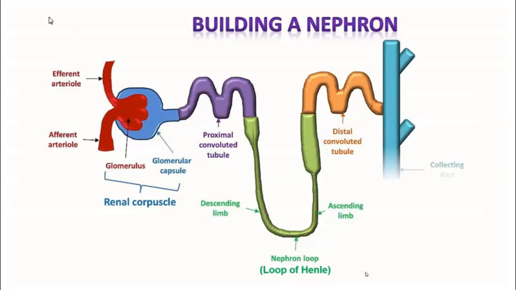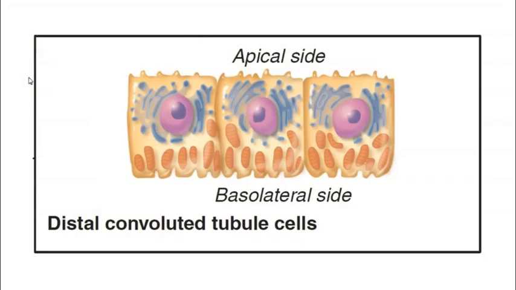Finally, the distal convoluted tubule, which is the last segment of our renal tubule, has a simple cuboidal epithelium, so it's a taller epithelium type, just like we saw in the proximal convoluted tubule here. These cells have very few microvilli, so if we turn our attention to the cells of the distal convoluted tubule, we see that they are a cuboidal epithelium, single layer, just like we've seen in all the other regions of the renal tubule.